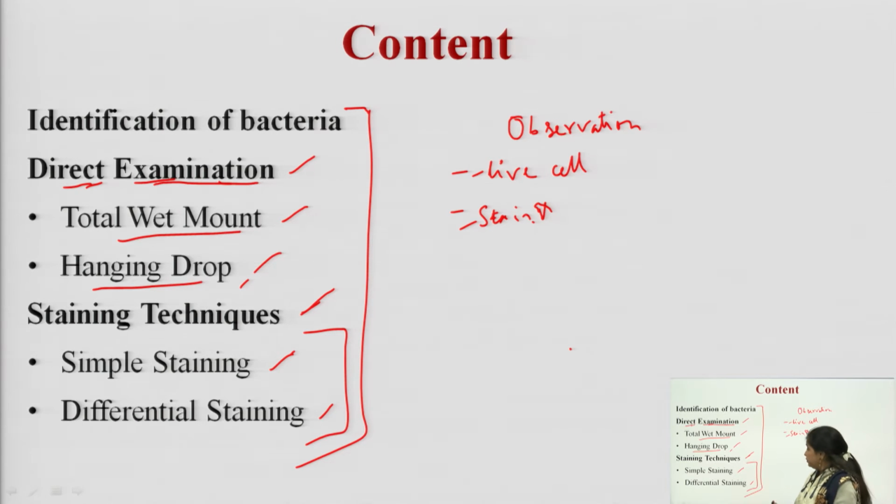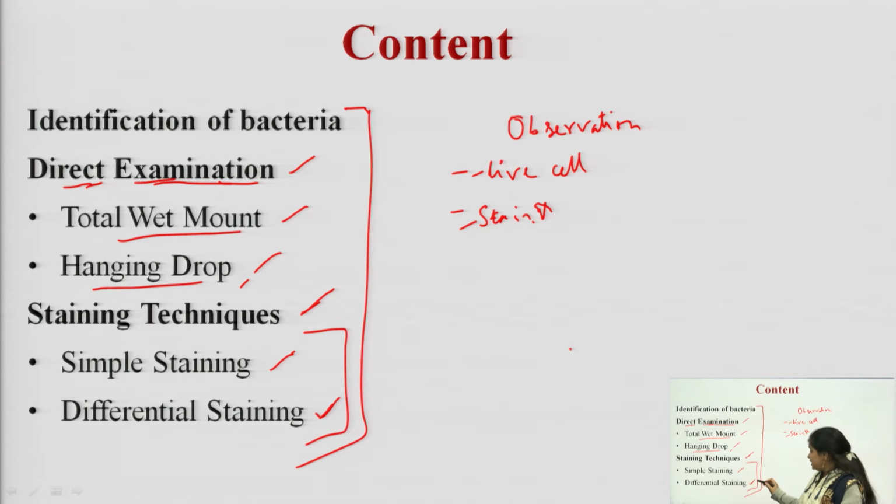Whereas differential staining is a technique in which more than one color or more than one dye is added to a particular specimen. It is used to differentiate between kinds of microorganisms, like we can differentiate between gram positive and gram negative, and between acid fast and non-acid fast microorganisms.